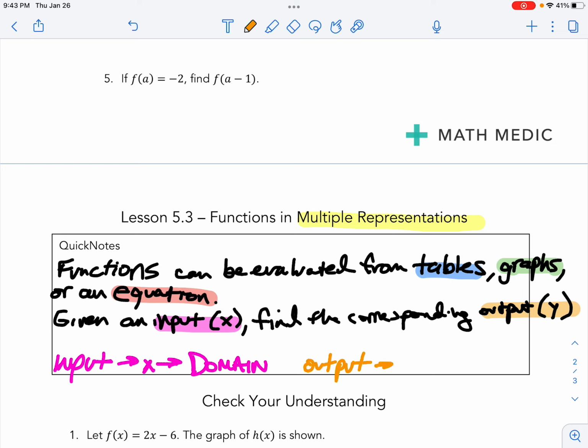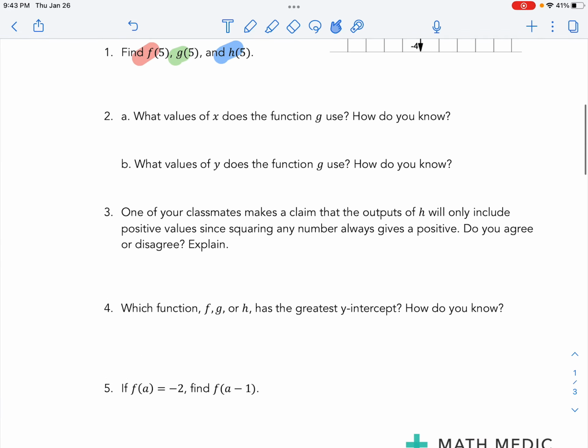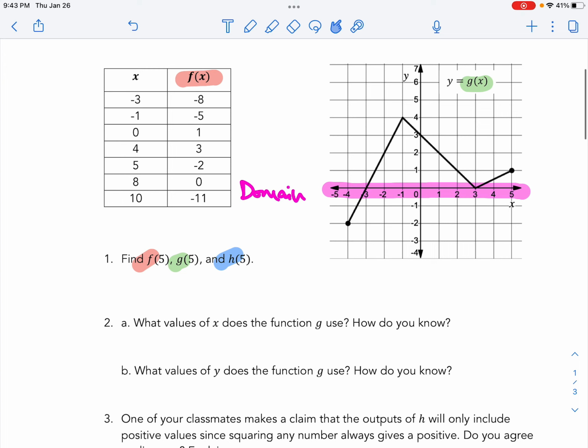It's not the statistic range where you think about the greatest number minus the smallest number, but we're talking about our range as being all the y values here.